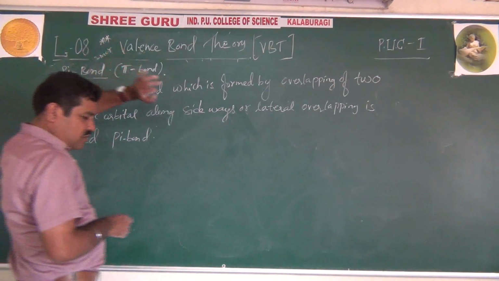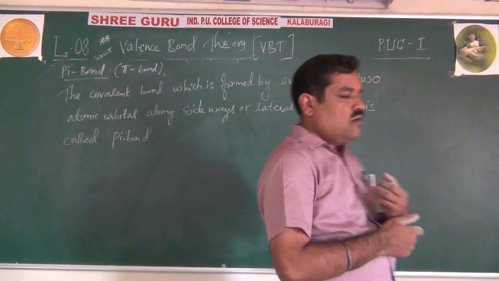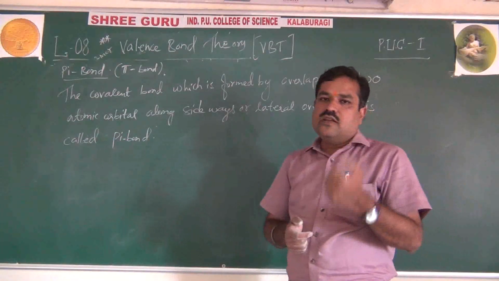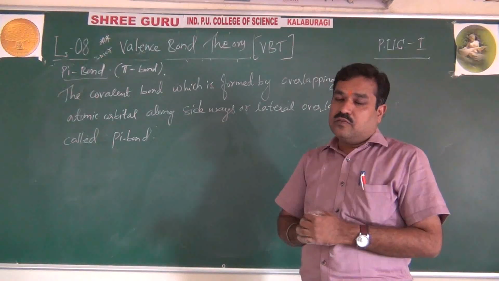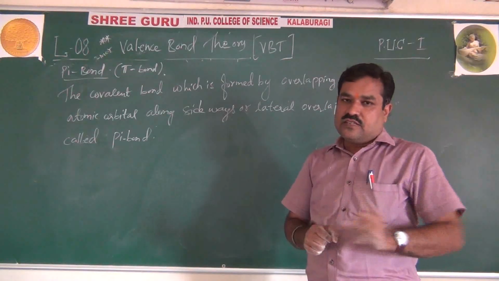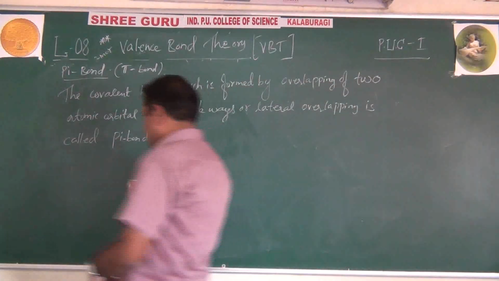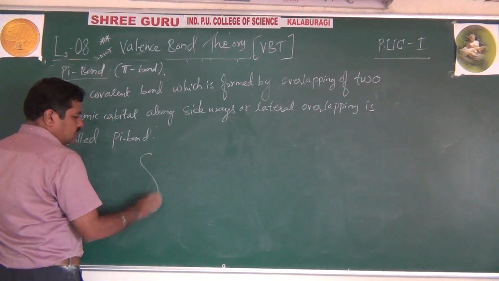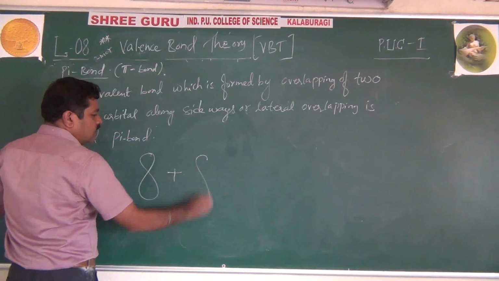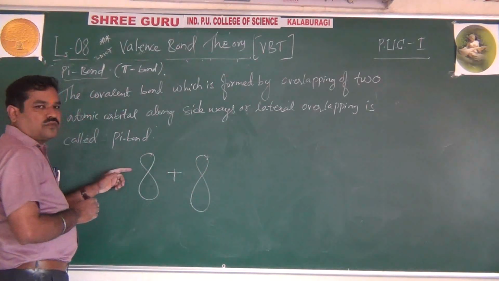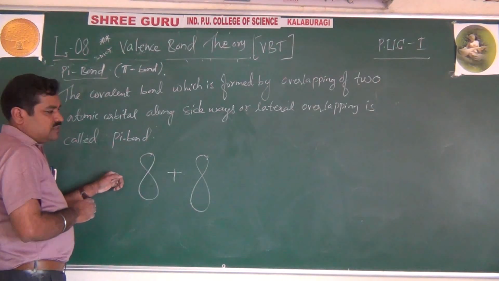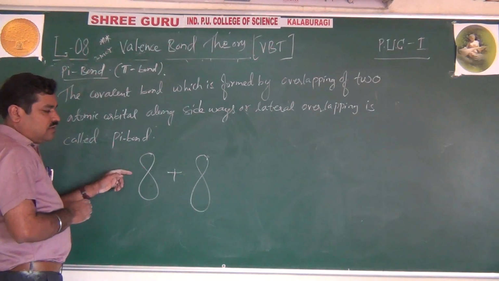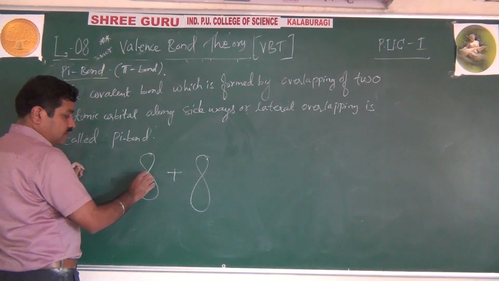And remember, in pi bond always the symmetry is only perpendicular. It is observed only in PP, no SS, no SP. For example, atoms will be like this. They should be perpendicular to each other. Okay, the very best example you can give here is oxygen. First they should be perpendicular to each other.